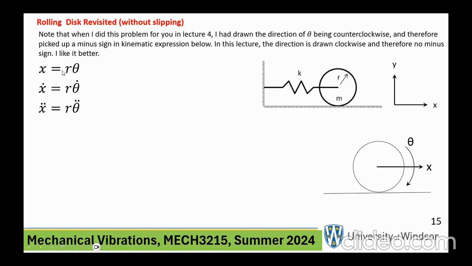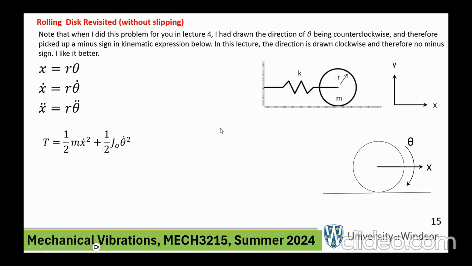So this is fine, it's not going to change the answer. It's just that there's a difference between what the drawing was back then and what it is now. These should be obvious, and if not, please review the last lecture, lecture number 4, and these are obtained based on basic principles of kinematics.